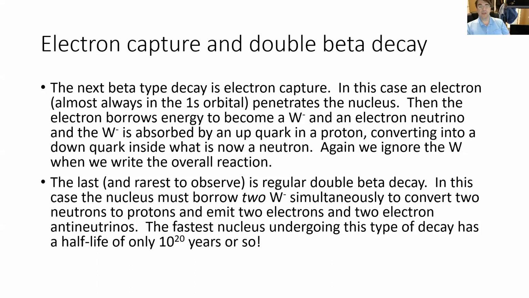Because that's the case, your really fast double beta decay reactions are ones with half-lives of 100 quintillion years. These are very, very slow just because you have to borrow such an extreme amount of energy to make them happen.